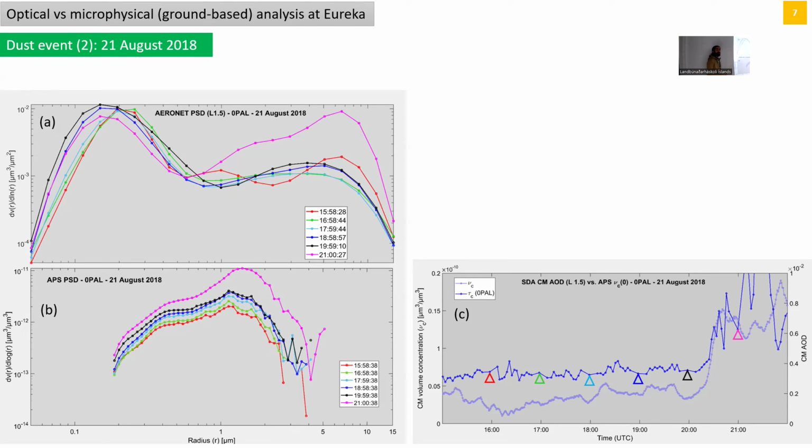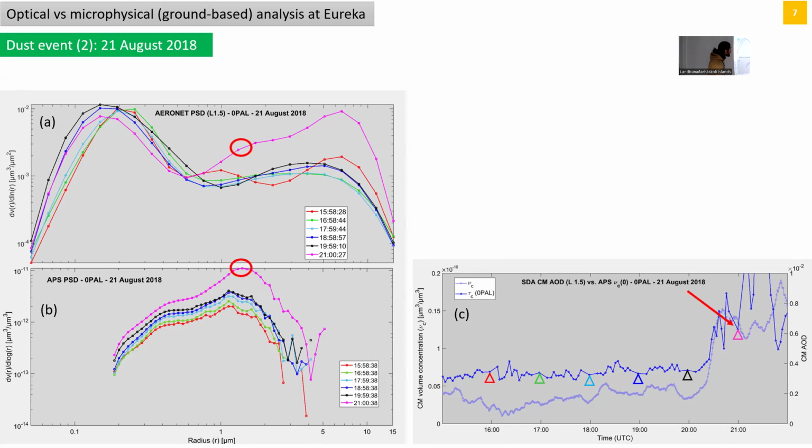APS is an aerodynamic particle sizer, which is a macrophysical instrument and another independent source of data. Figure C shows the LiDAR coarse mode optical depths and coarse mode aerosol optical depths from AERONET time series. The colorful triangles show the approximate time of AERONET and APS measurements.